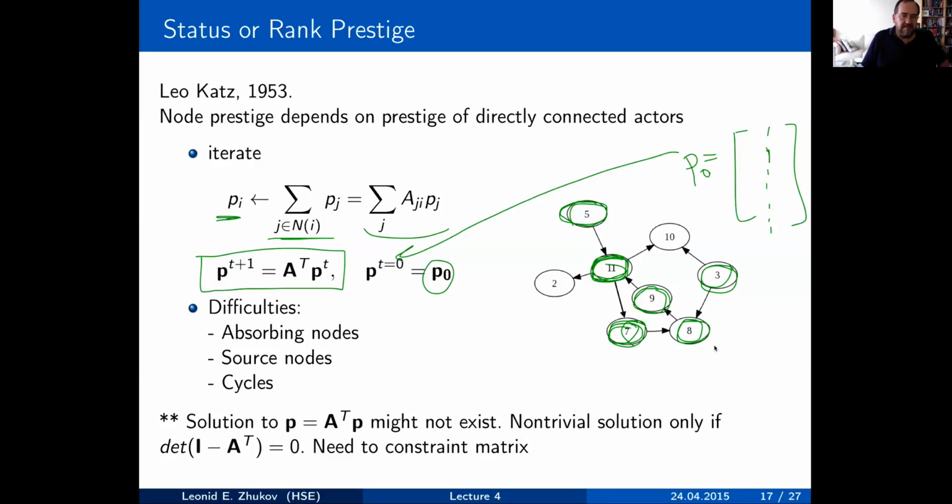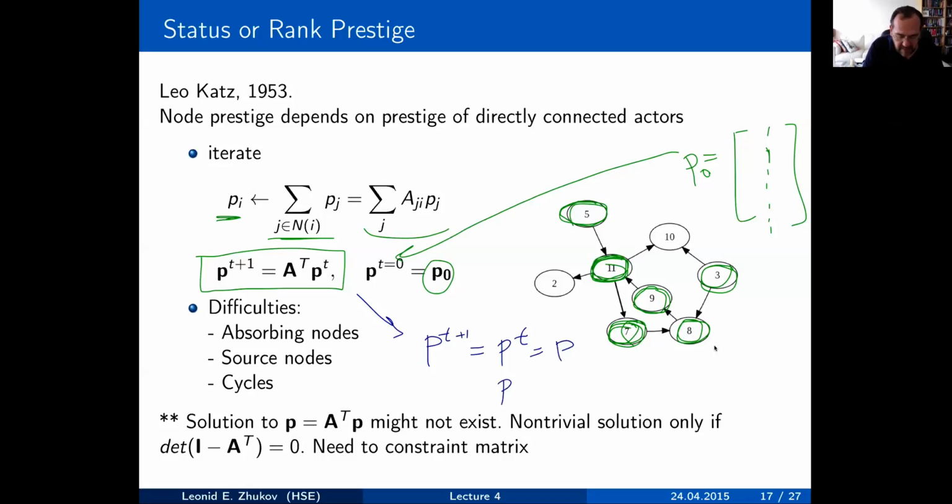In fact, if we try to find what's called the stable point, the idea here is that the stable point will happen when p_{t+1} is really equal to p_t, and equal to some value p, so it stopped changing.